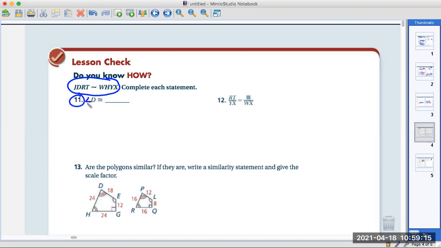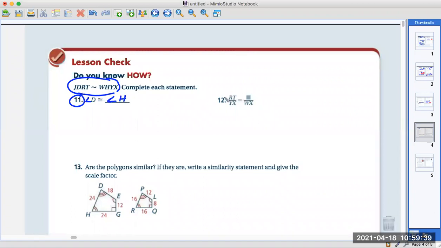This is an angle. Angle D, the corresponding is angle W. How do you know? Same location. D, no wait, D is H. Same location. D and H, yeah.